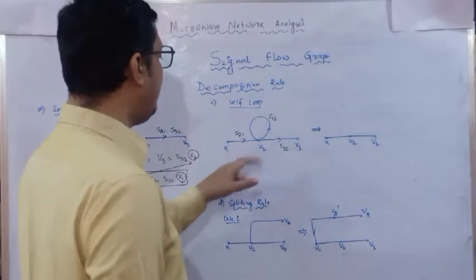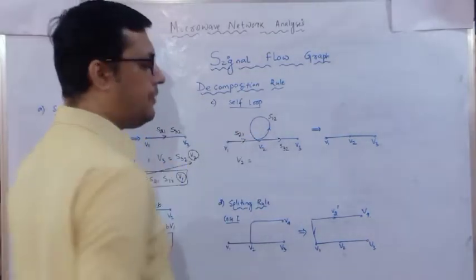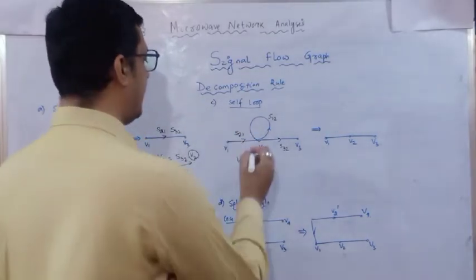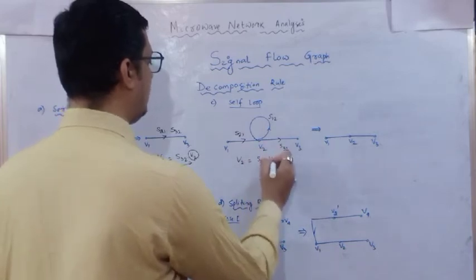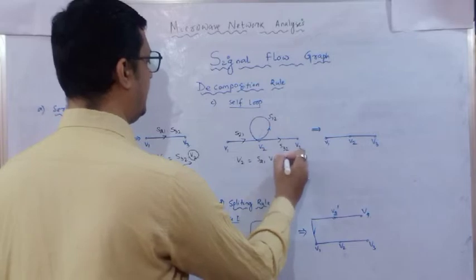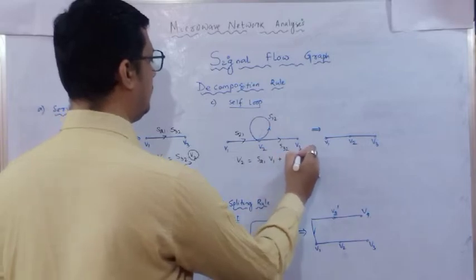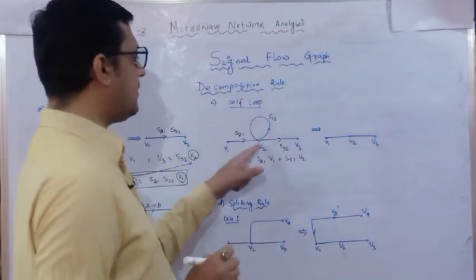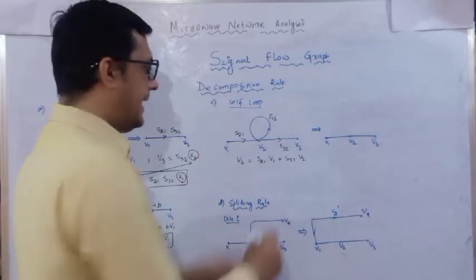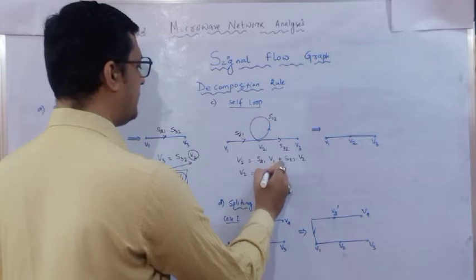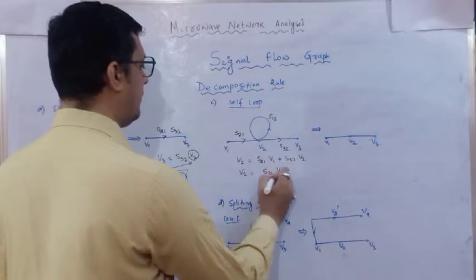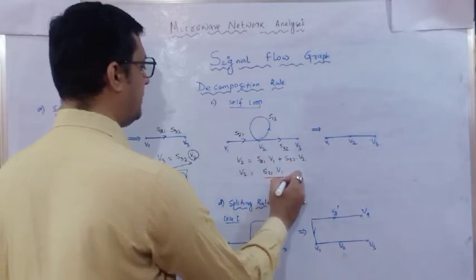Okay. So in V2, what will be our potential? What will I write? It is S21 into V1 plus S22 into V2. Because S22 into V2, take this V2 to the left hand side. So V2 is equal to S21 into V1 divided by 1 minus S22.